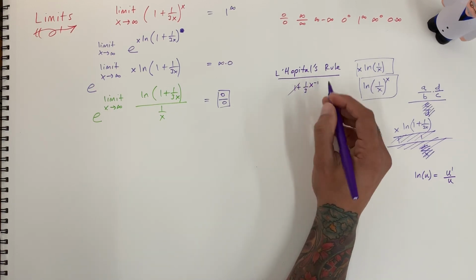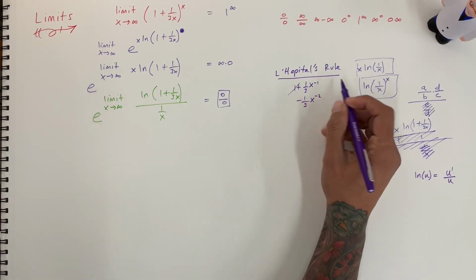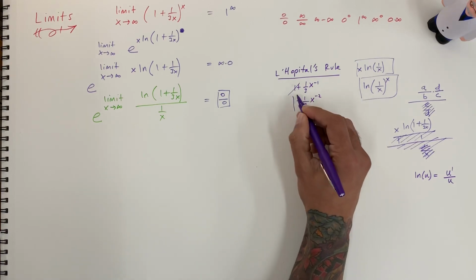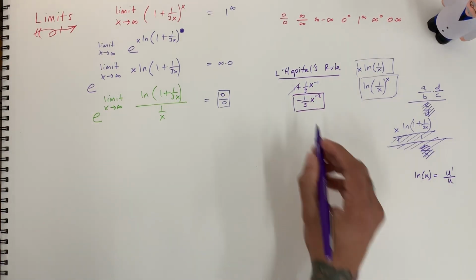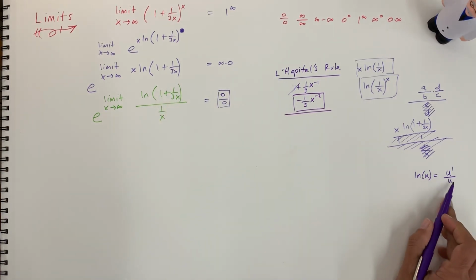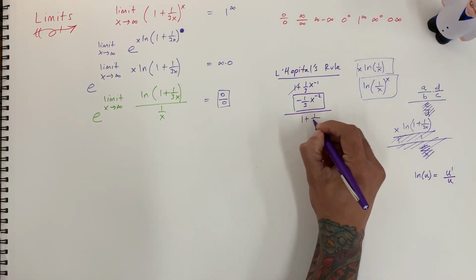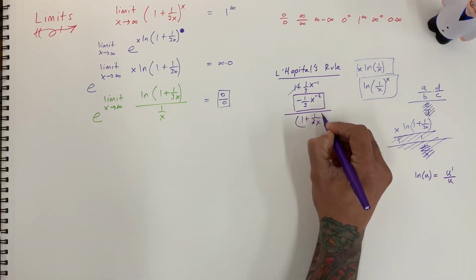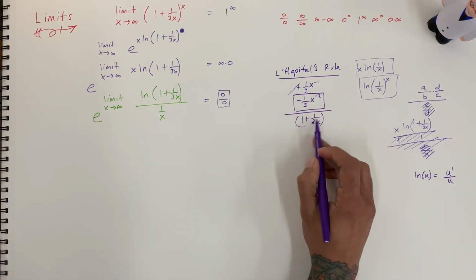We're gonna drop down the negative 1, so negative 1 over 3 x to the negative 2. And take away 1 from the top. So this is the derivative, and then we have to divide that by the original thing inside. So this is u and that's u. So 1 plus 1 over 3x. Okay, so this is on the top, and this is on the top also.